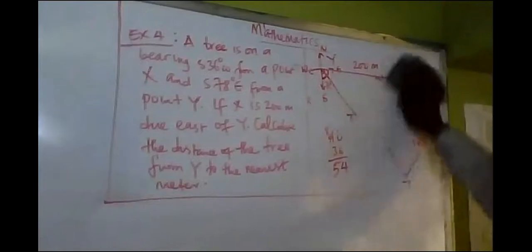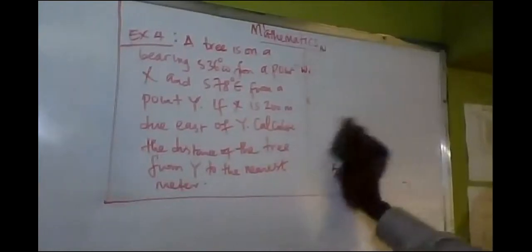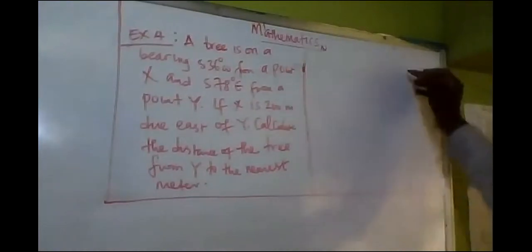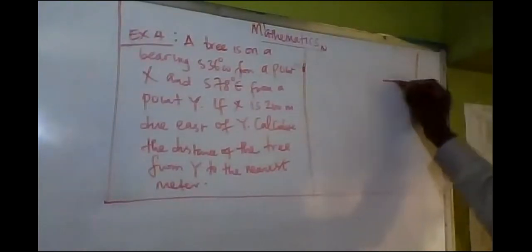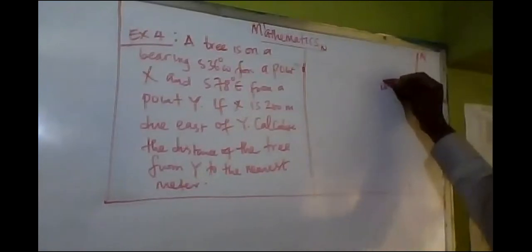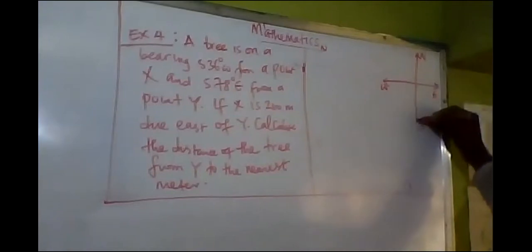Okay, I'll go over it again. First, let me make it bigger so that you see. North, south, east, west: these are your 4 cardinal points.